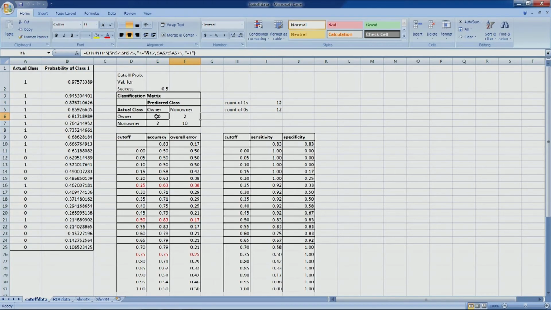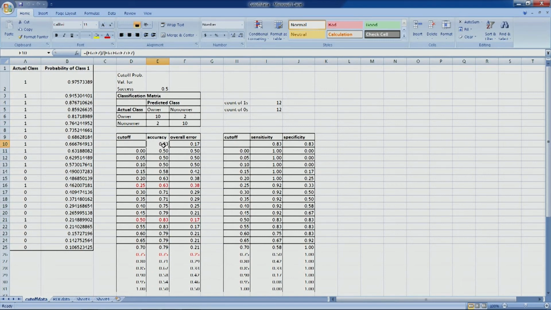Taking owner as 1 and non-owner as 0, 10 observations which are actual owners are correctly classified, and 2 actual owners are incorrectly classified. Of the non-owners, 2 observations were incorrectly classified as owner, and 10 were correctly classified as non-owner. So, these are the numbers and the accuracy values can be computed.